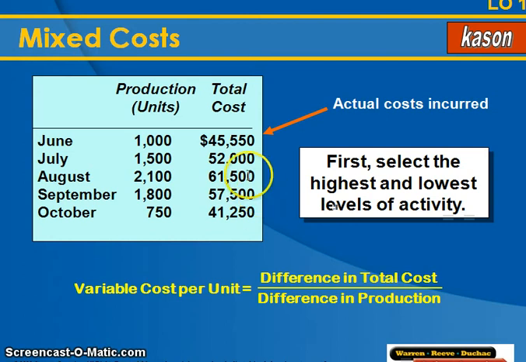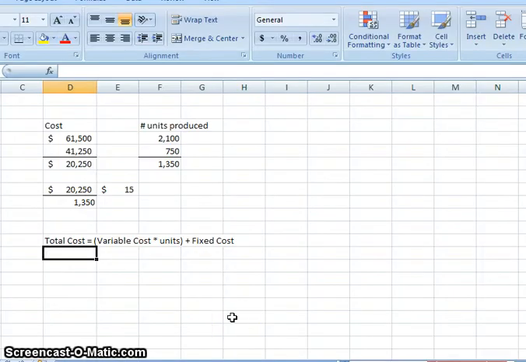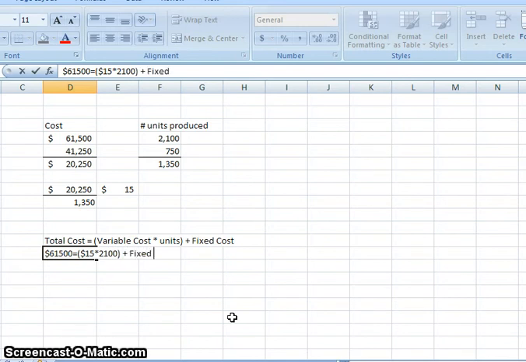So our total cost is $61,500, and that's equal to the variable cost, which is $15 a unit, times the 2,100 units that we made, plus the fixed cost.